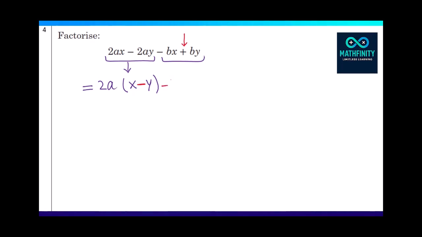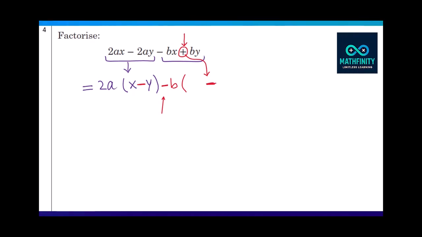You have to take negative b common, because I told you in question number 3, if you take a negative outside, then you have to change this sign. As it is positive, you have to convert this into negative. If you take negative outside common, you have to change this sign.